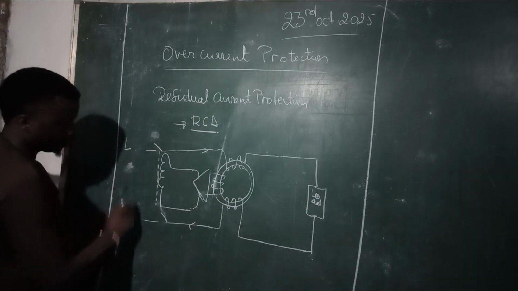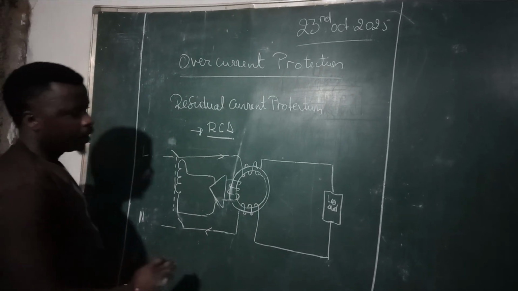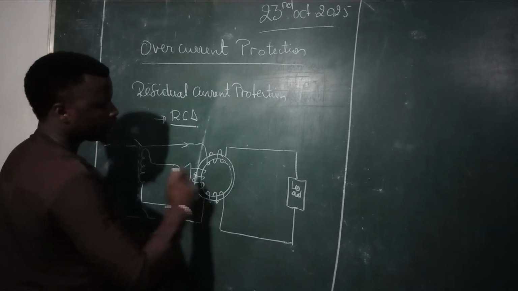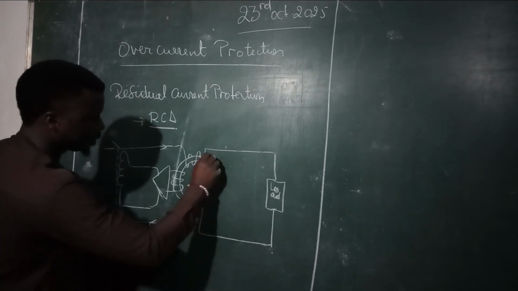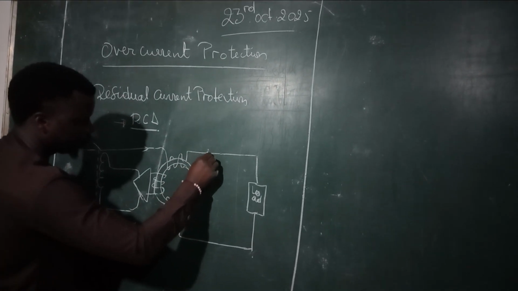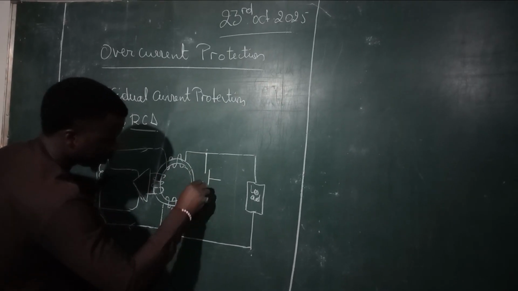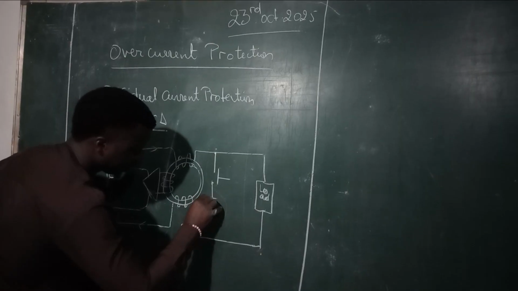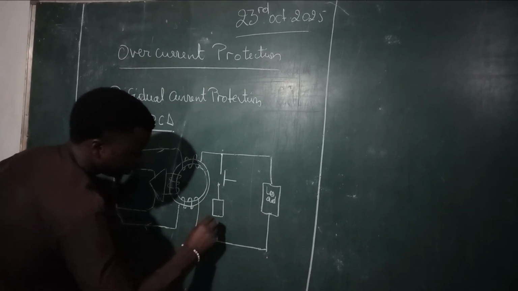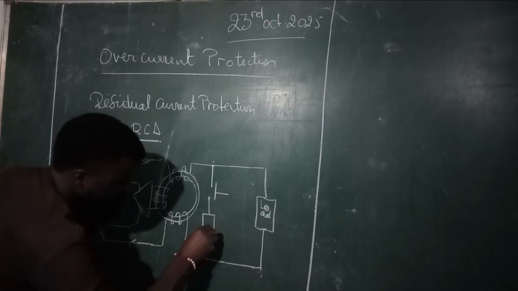This is the contact of live. This is the contact of neutral, and for this we have a testing resistor, so we can see whether it works. We have the test switch for this, and a resistor here. This is the testing resistor.